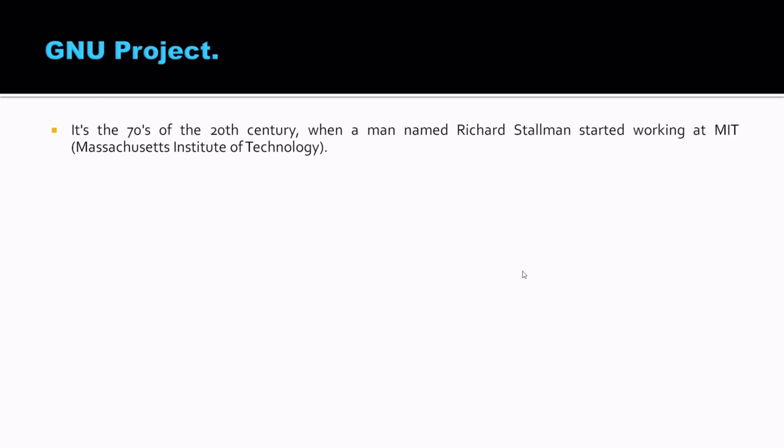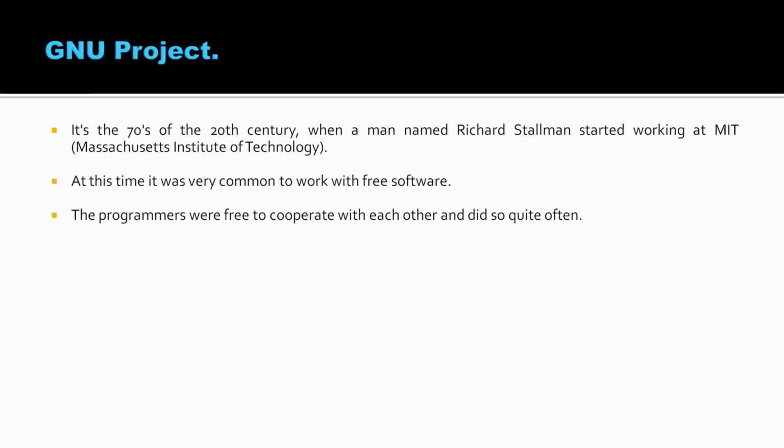Now, let's start with some history. It's the 70s of the 20th century when a man named Richard Stallman started working at MIT. At this time, it was very common to work with free software. Programmers were free to cooperate with each other and did so quite often.